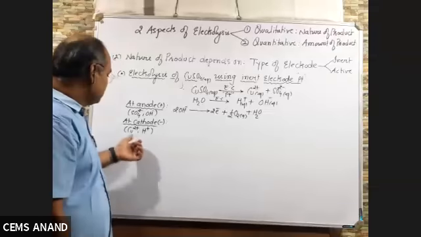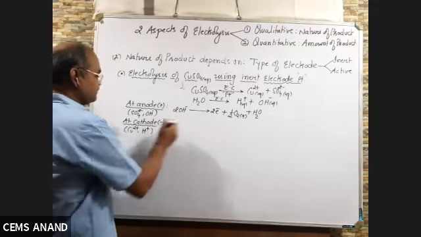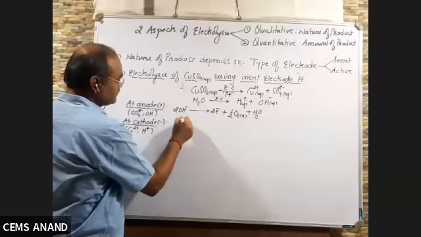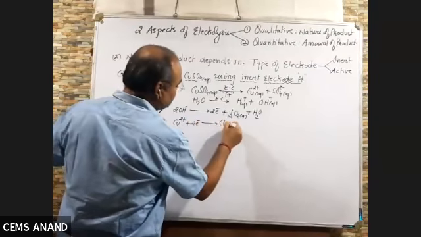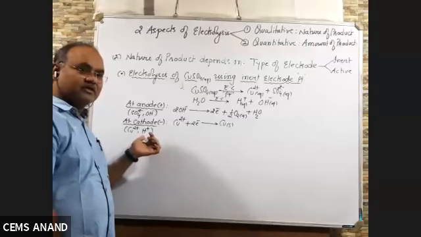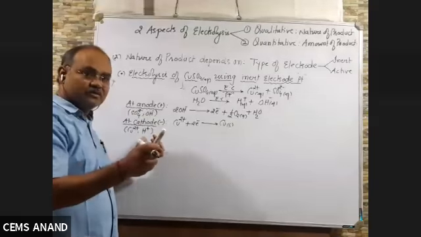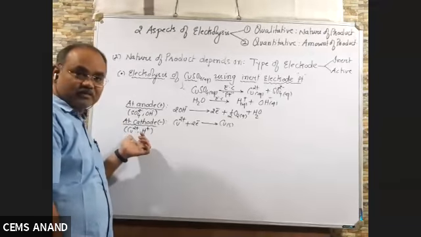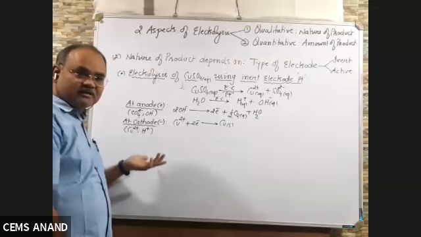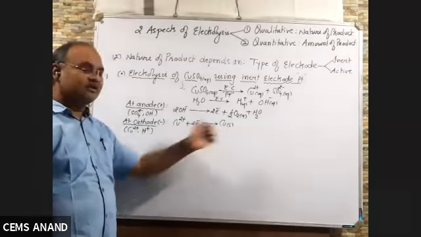Now, Cu2+ takes 2 electrons and gets deposited as Cu solid. Now you may think, sir, why does H+ not undergo reduction? The reduction potential of H+ is 0, and the reduction potential of Cu2+ is +0.34 volt. So the higher the value of reduction potential, the more reactive it is. If it is more reactive, then it will undergo reduction.